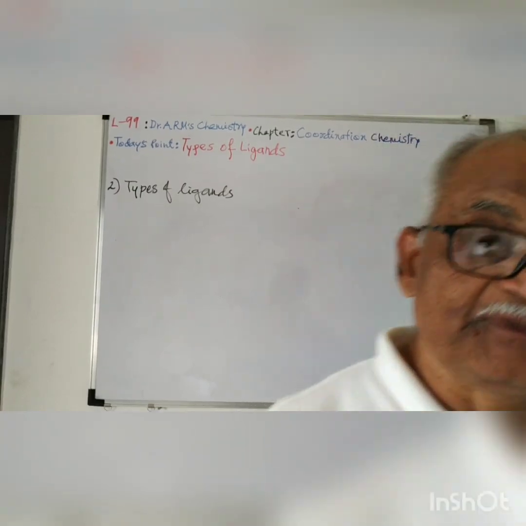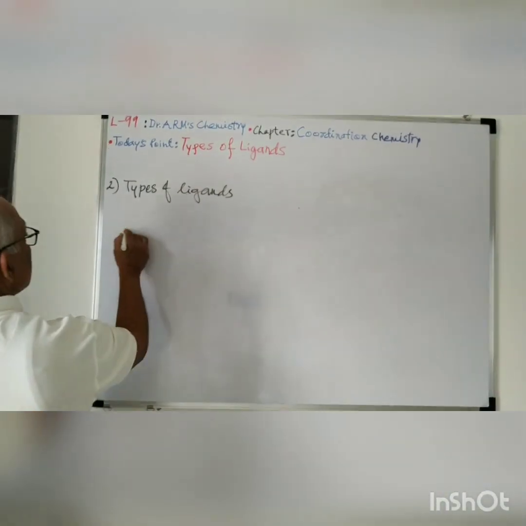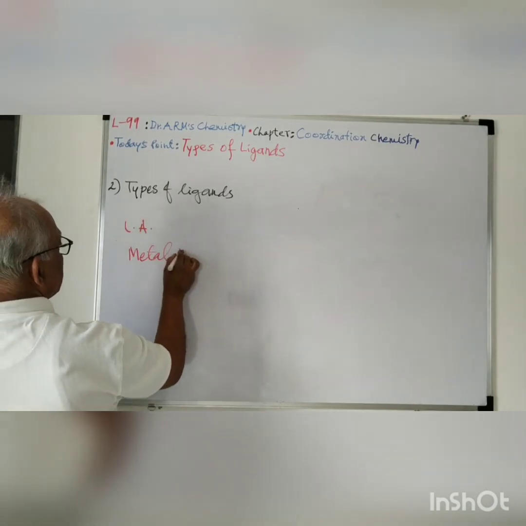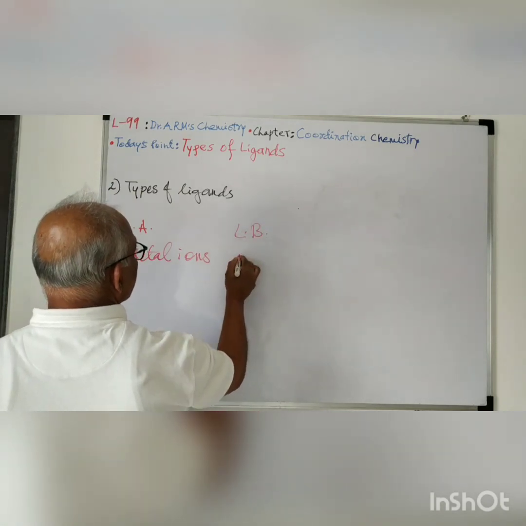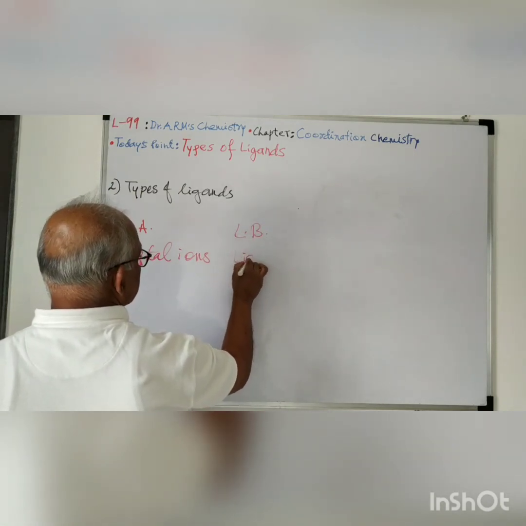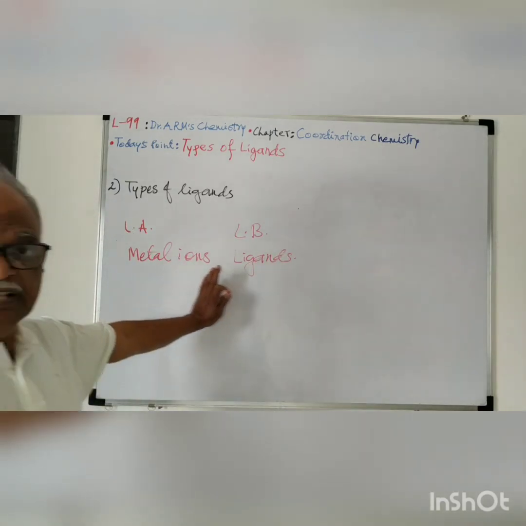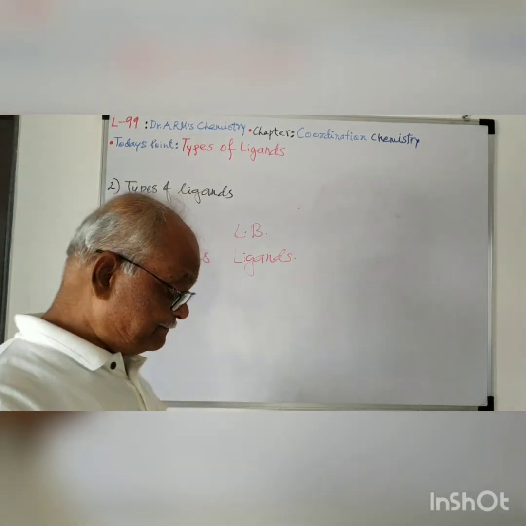So Lewis acids are metal ions and Lewis bases are called ligands. This is the difference between the species which are present in a complex.